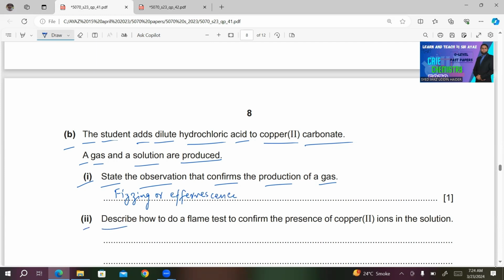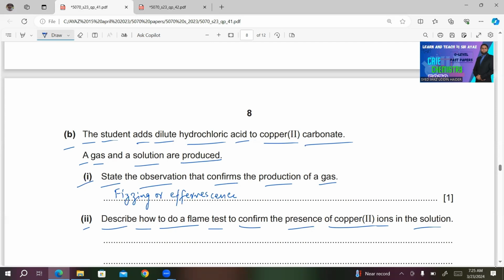Number 2, describe how to do a flame test to confirm the presence of copper-2 ions in the solution. So you have a workable method, that is, take a glass rod and make a paste of the salt with hydrochloric acid.